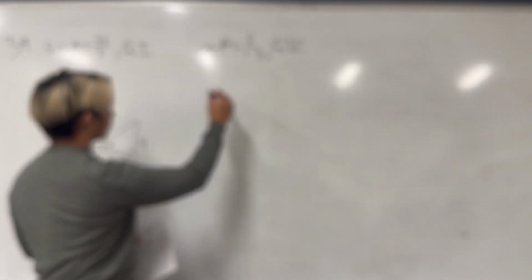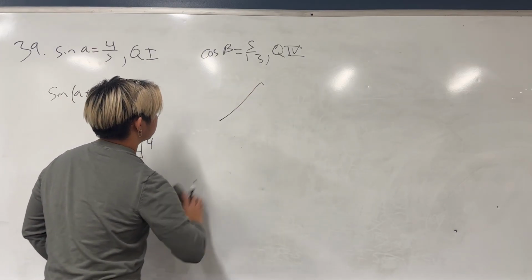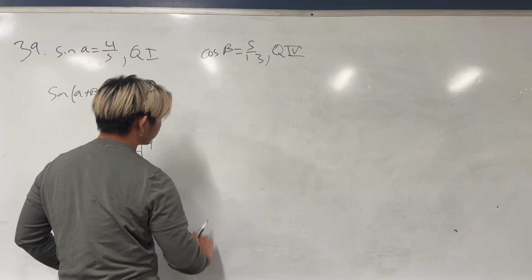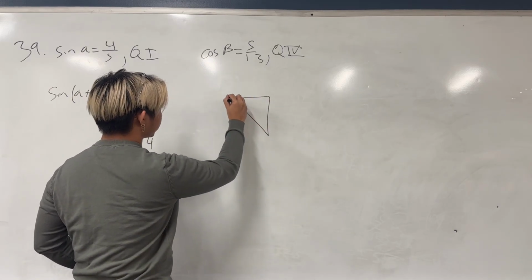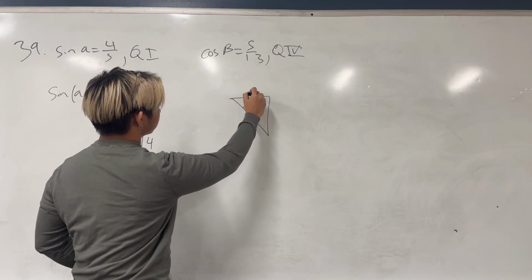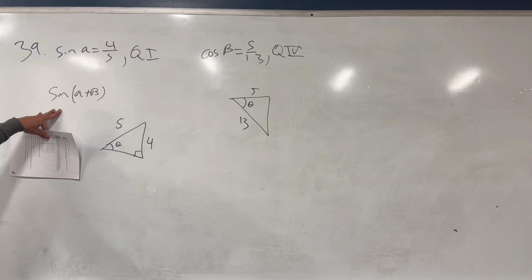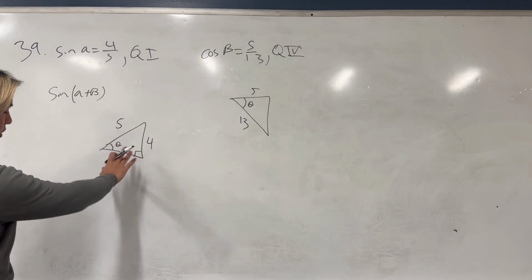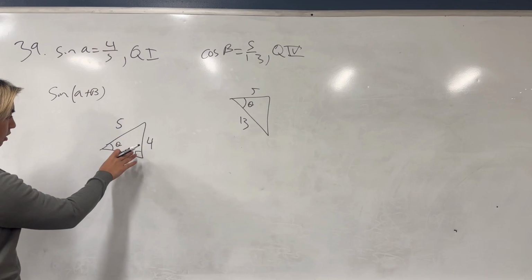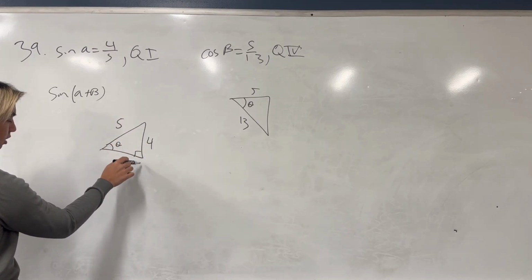And then cosine of beta, we have quadrant 4, so the triangle looks something like this, theta, and then 5 over 13. Again, we have opposite and hypotenuse, so we want to find the adjacent.